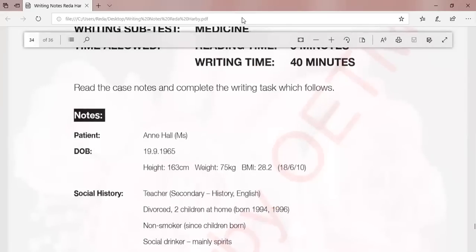Now you have 3 steps. First step, you will have to select the relevant case notes. What is the relevance of the case notes? This will be according to the recipient: what exactly I want the recipient to know about the patient.